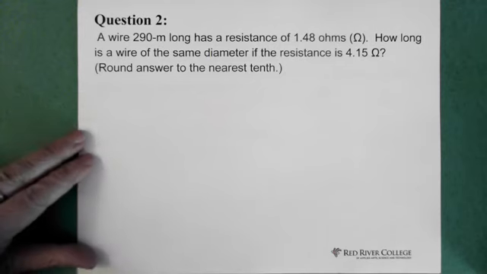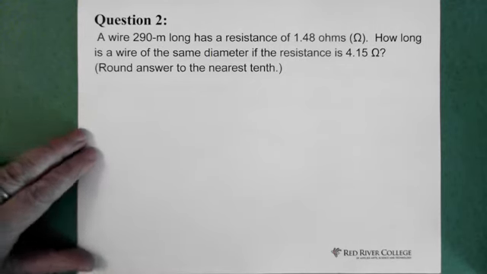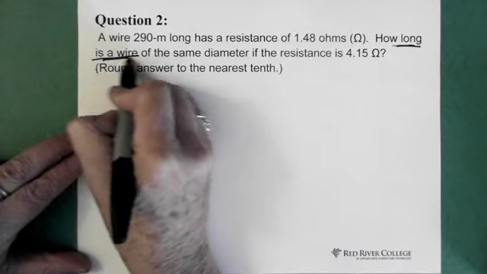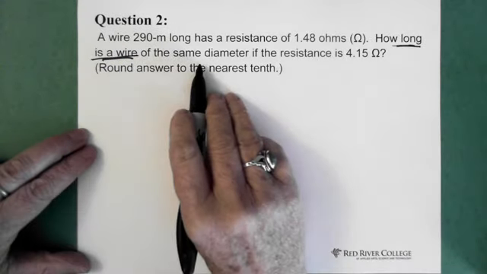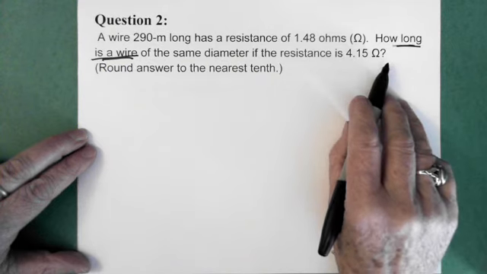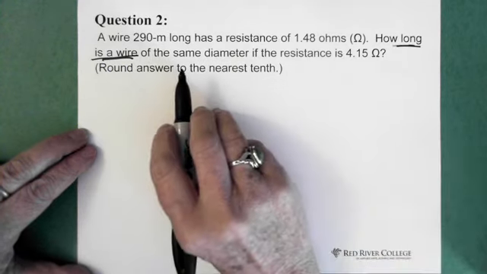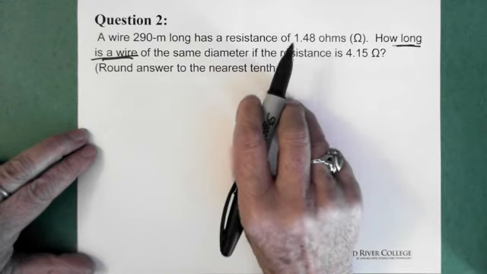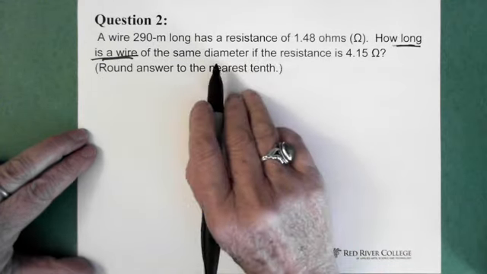Here we have a wire that is 290 meters long and it has a resistance of 1.48 ohms. The question is, how long is the wire of the same diameter that has a resistance of 4.15 ohms? Now, the resistance of a wire is dependent on its length, and of course this wire has the same diameter, so then they are directly proportional.